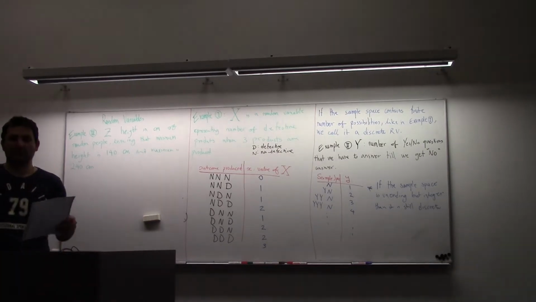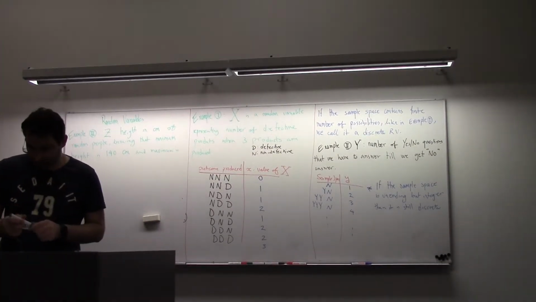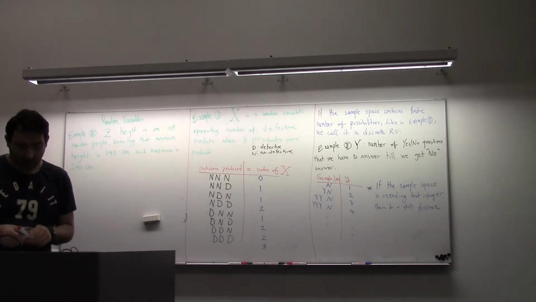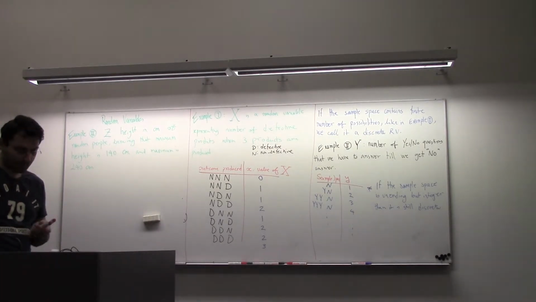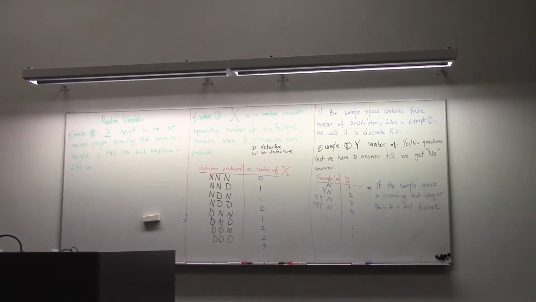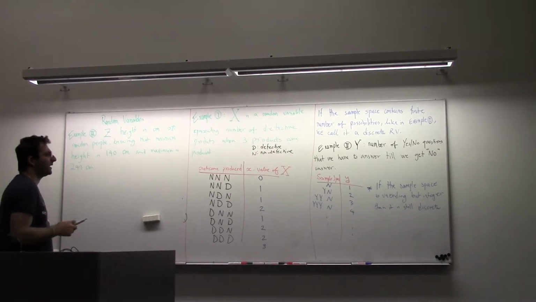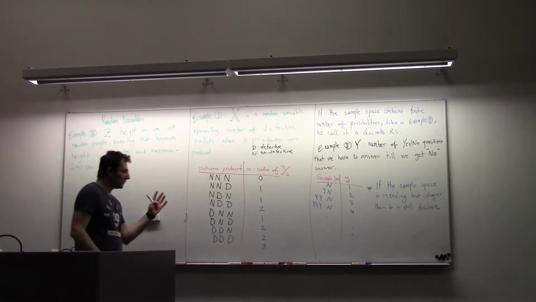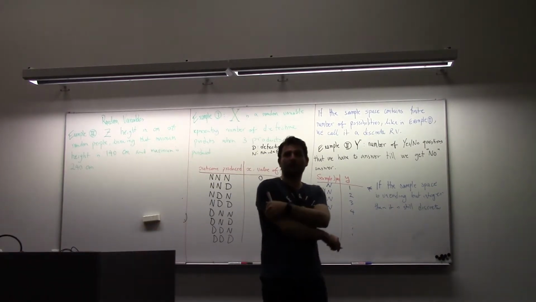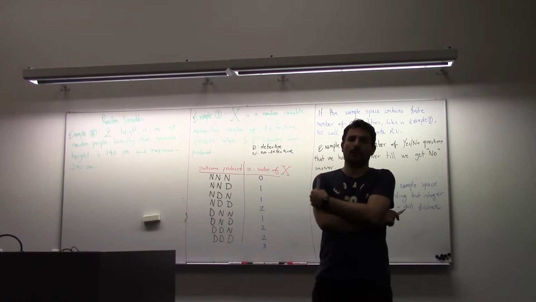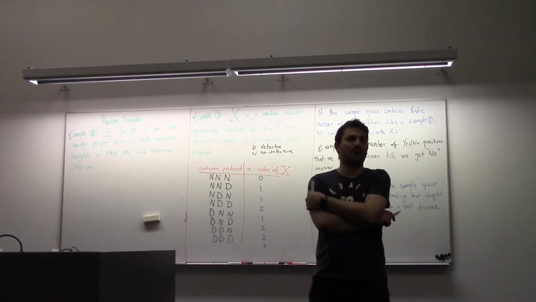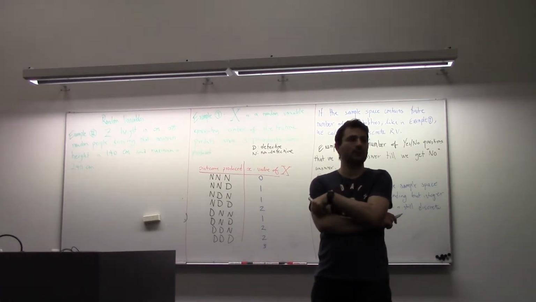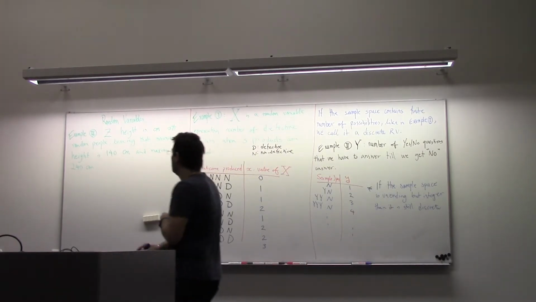Let's assume we know that our height is limited to this, and we want to see in here what is the outcome, or in other words, if we want to make a table like this, what are the numbers that we have? Now what is our answer? It can be any number.